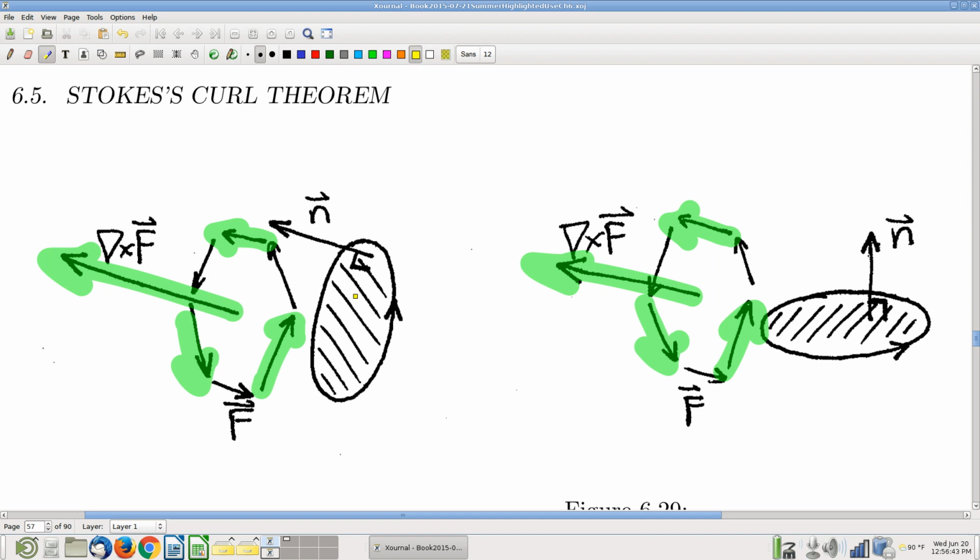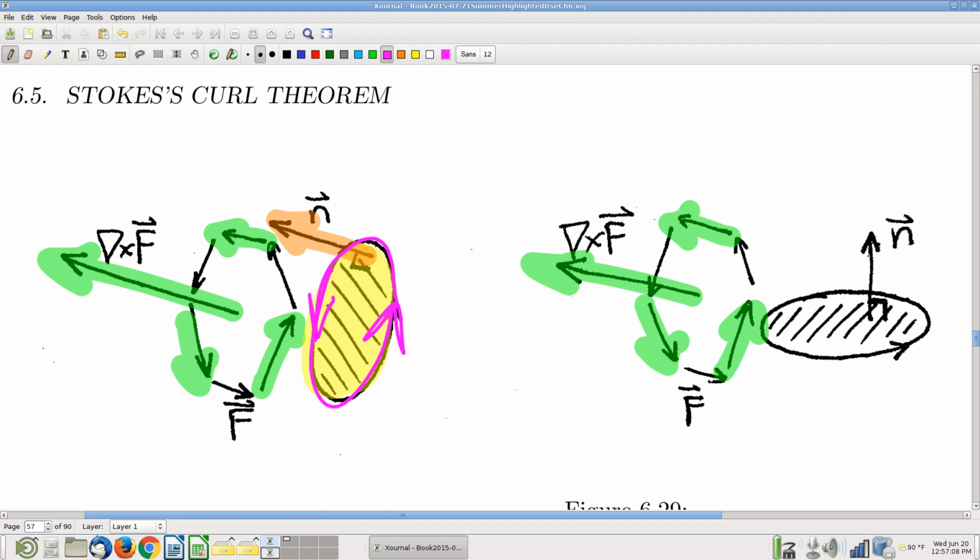Well, if you look at this piece of surface here, oriented like so, the boundary curve is like that. And let's think about how much circulation of this vector field there is around this boundary curve.